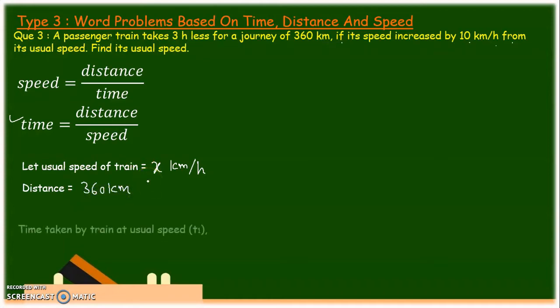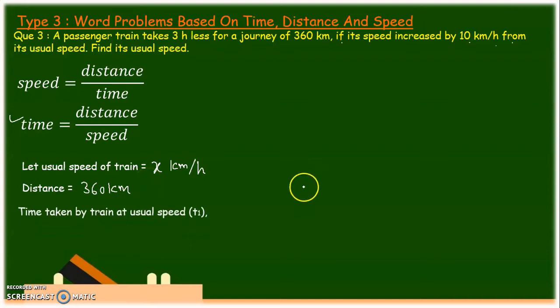If you want to find out the time taken by the train at usual speed, that is t1, we will use this formula, time equal to distance divided by speed. So here we get t1 equal to 360 divided by x.